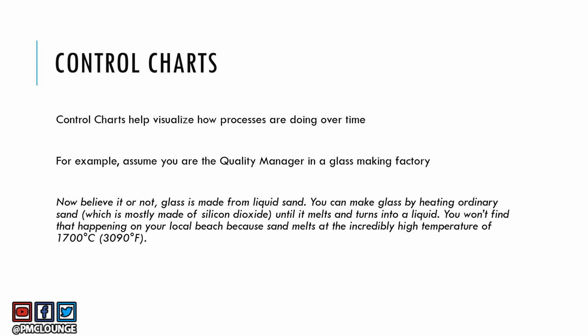So believe it or not, glass is made of liquid sand. Now that's correct. Glass is made of liquid sand. So you can make glass by heating ordinary sand, which is mostly made of silicon dioxide, until it melts and it turns into a liquid.